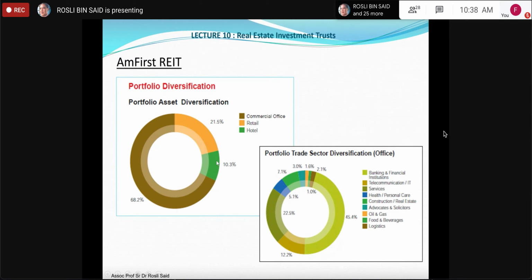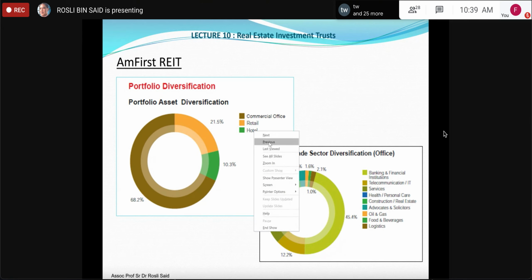And then only 10.3% in hotel also having problem right now. So it is good if you buy, if you think that the prospects of commercial offices, retail offices, and hotel investment, in terms of longer term period, will become successful again.